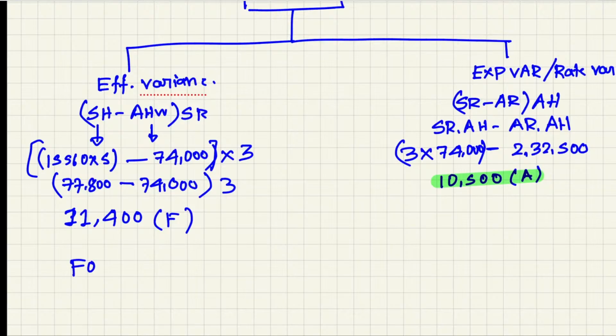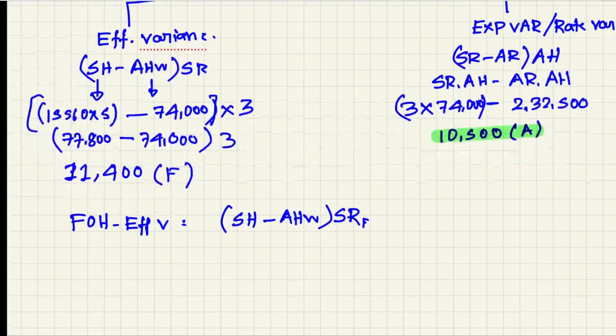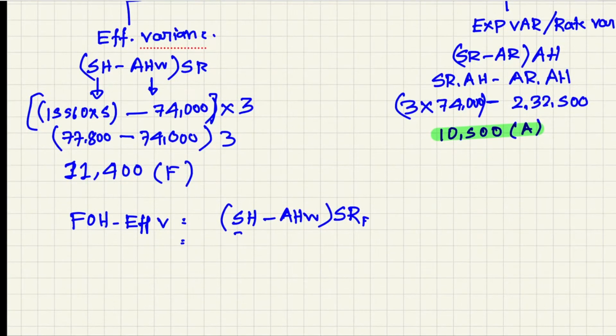So fixed overhead efficiency variance is equal to SH minus AH into SR. So this is equal to 77,800 minus 74,000 into 1. This is equal to 3,800 favorable. Okay.